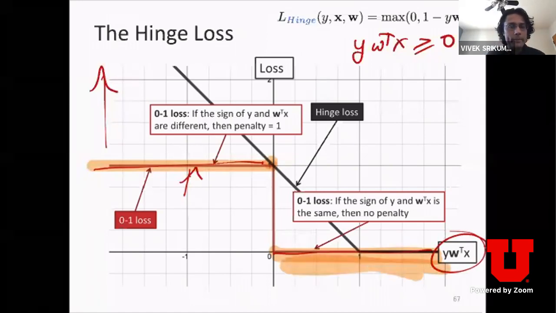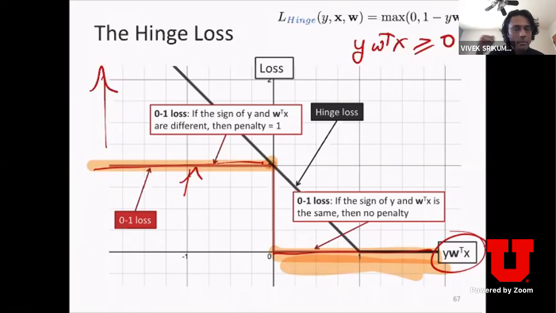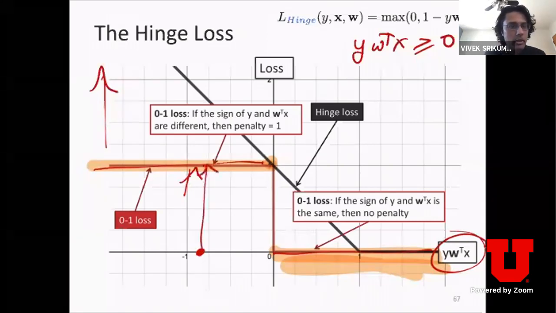Remember, this plot is for a particular example and a set of weights, and we want to find a set of weights that puts all examples on the right side, so that the total number of points that get taken away is 0. And every time we get an example where y w transpose x is here, you lose a point.